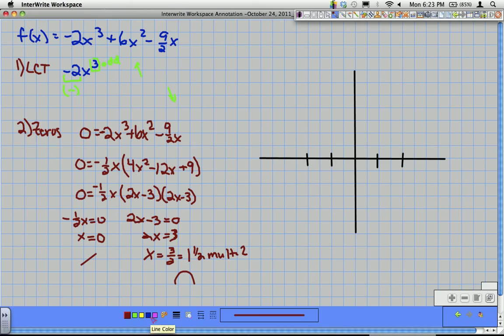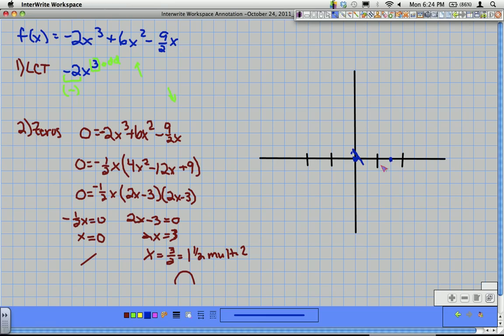Alright, so let's find our points here. We know 0 is an intercept, so it's going to cross here, and we know that 1.5 is an intercept, so it's going to cross here. Our end behaviors said it was going to go up this way, so this one's going to just go straight through.